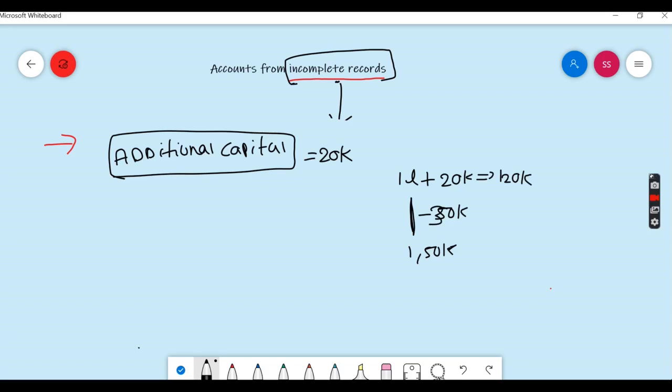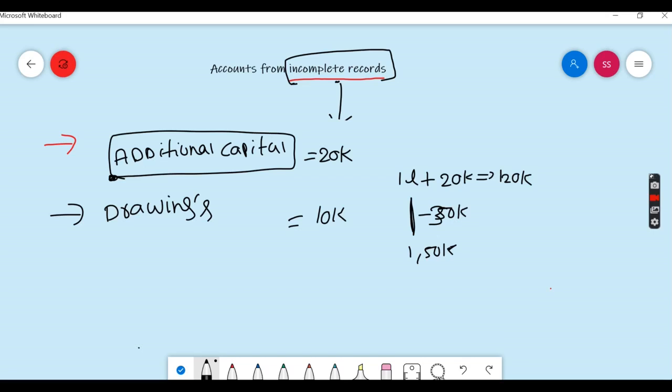So his profit will change when there is additional capital, and also when there are drawings. Let's just say he withdrew 10,000.